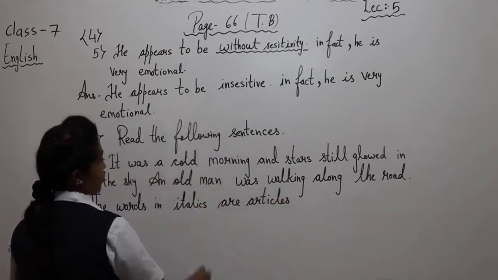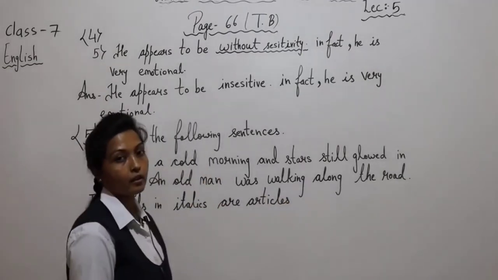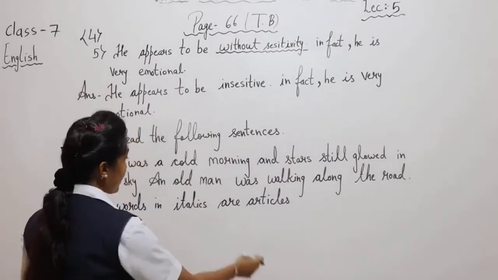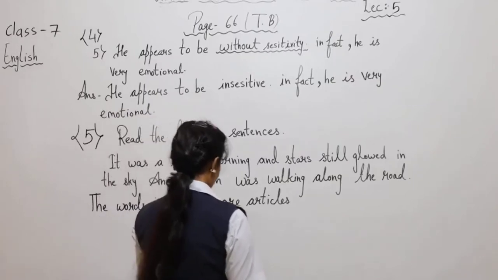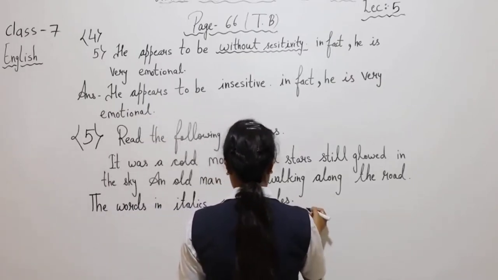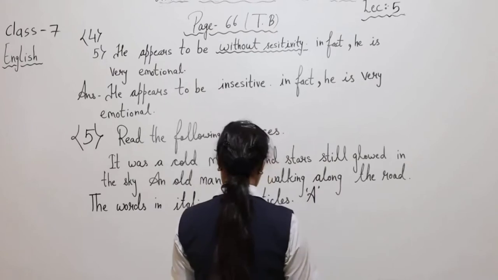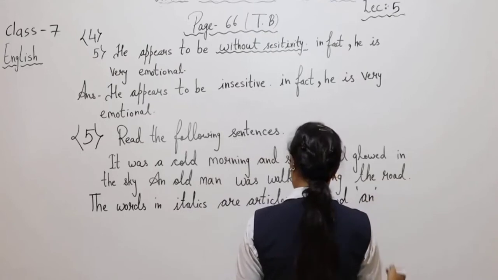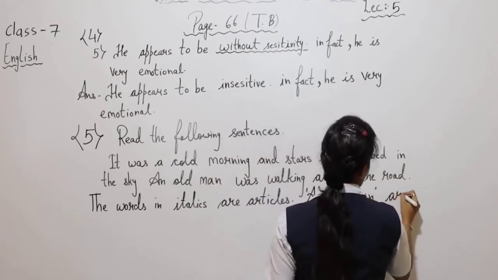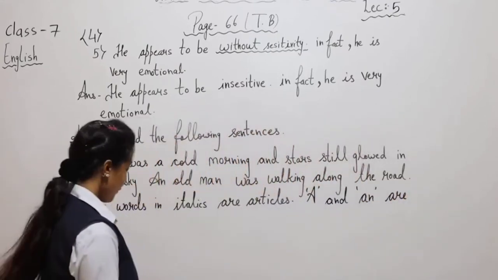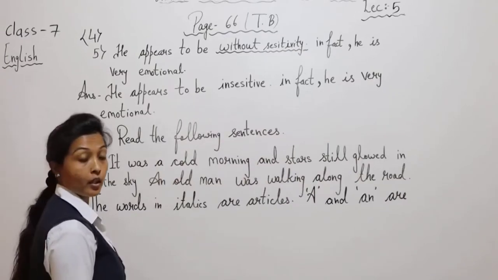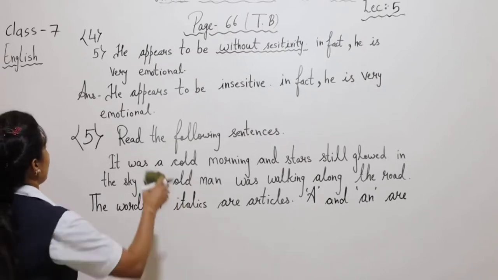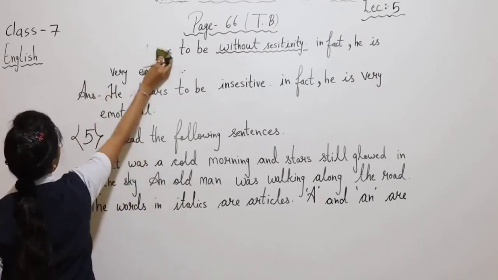You can clearly see in your textbook that italic words are there. So the italics: a and an are indefinite articles.